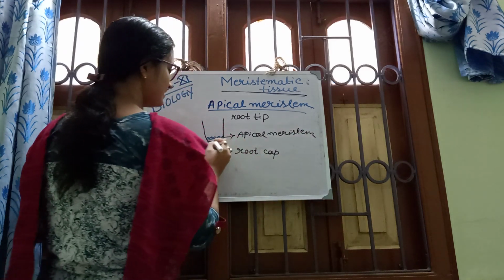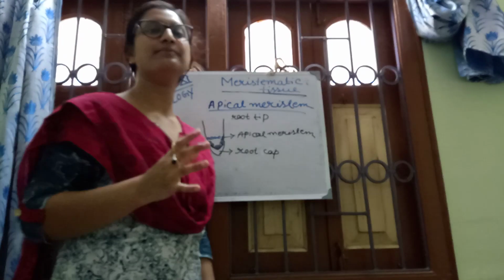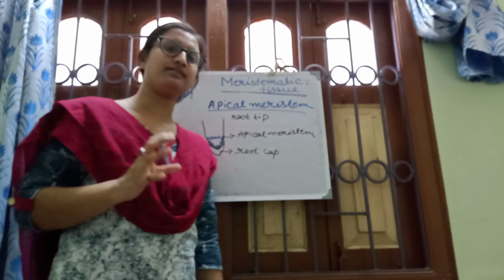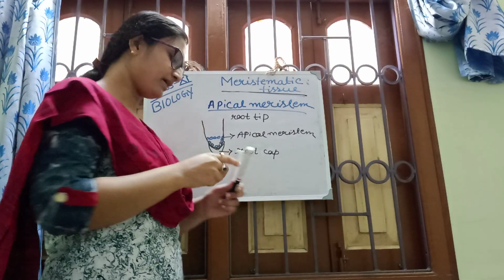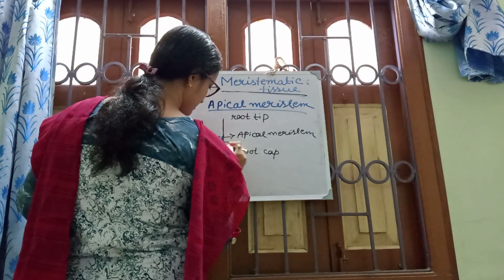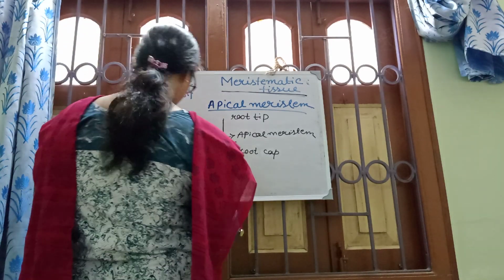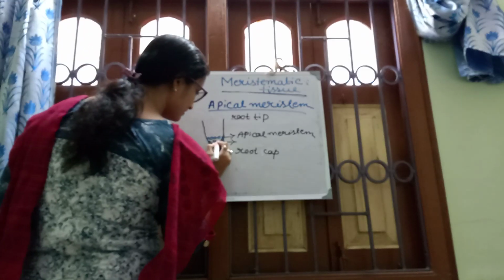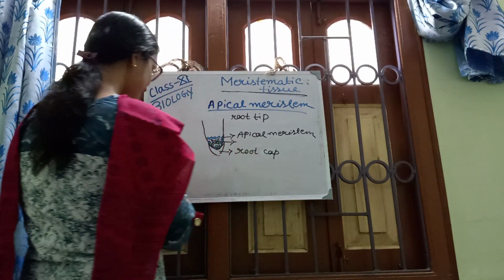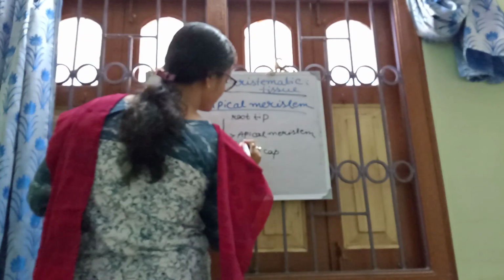But at the center portion, non-dividing cells are present. That particular zone, where the non-dividing cells are present, is called the quiescent zone.